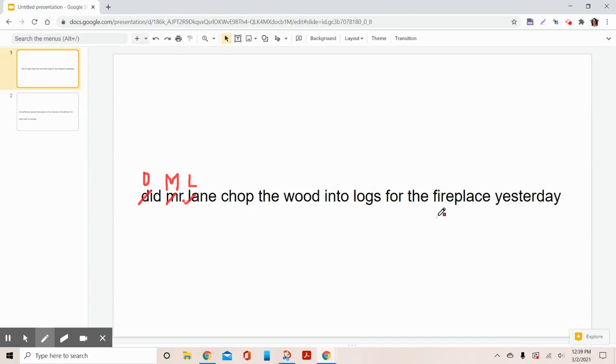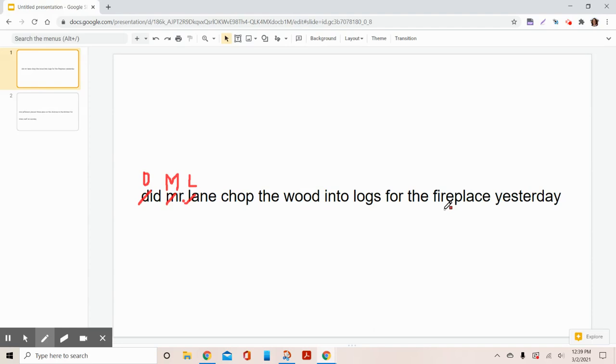And our last noun in this sentence is fireplace. Fireplace is the name of a thing. Fireplace, does that name a specific noun or is that just a general noun? Yep, this is a common noun. It just names a general thing that somebody would have in their house, a fireplace, or out in their backyard.